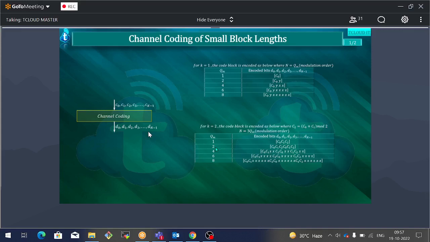But if the modulation order is 2, now you have to prepare 6 bits. So you will be sending 6 bits like this: c0, c1, c2, the original 2 bits and the generated c2 bit, and then again repeat them. If your modulation order is increasing, you're going to place these XXXX, YYYY here, which is like a kind of repetition, the placeholder bits repetition.